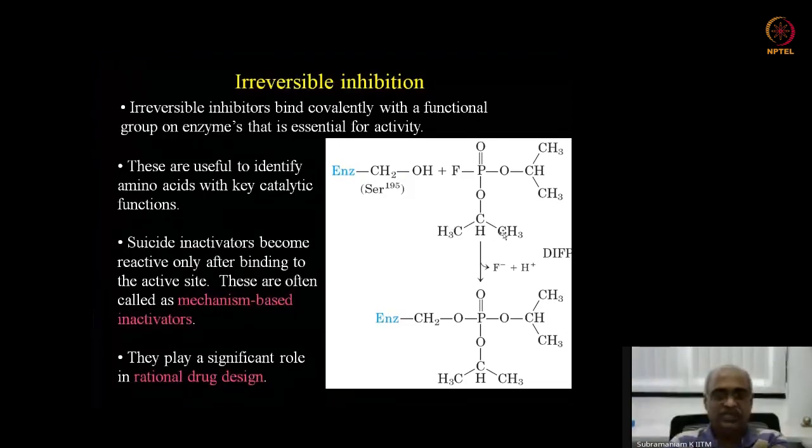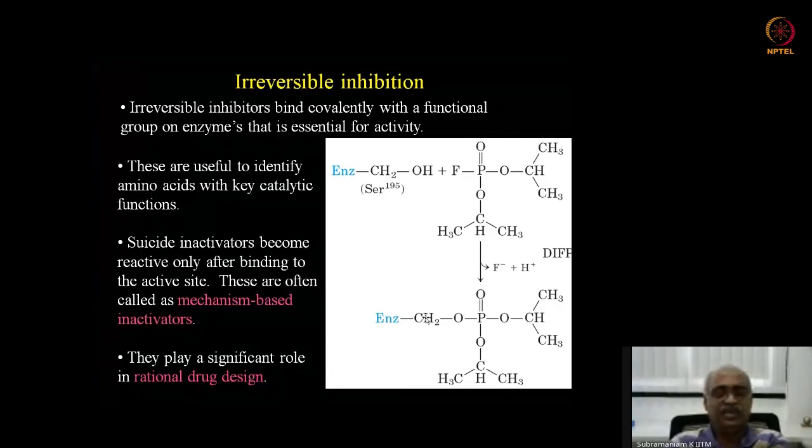So this binds to the active site. This is two isopropyl groups, or diisopropyl fluorophosphate. When this molecule binds, it is highly reactive and it covalently binds to the serine. Once it binds, this is irreversible and it is not getting cleaved, and the enzyme is permanently inactivated.